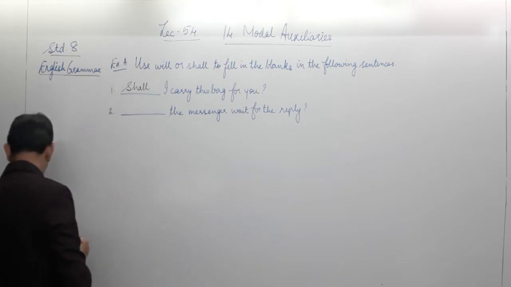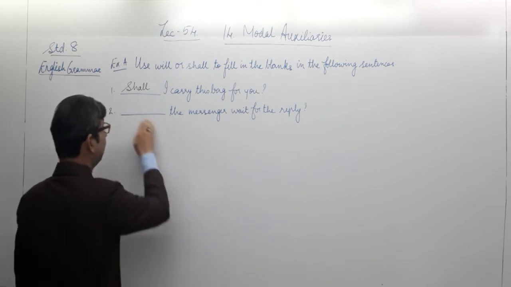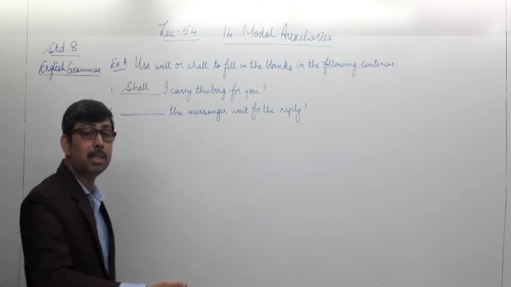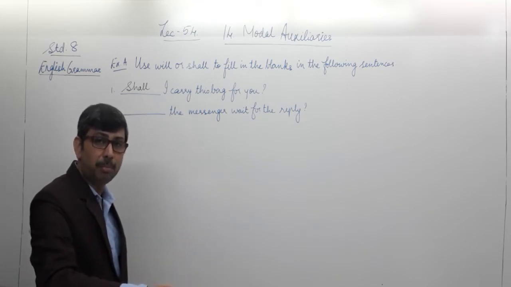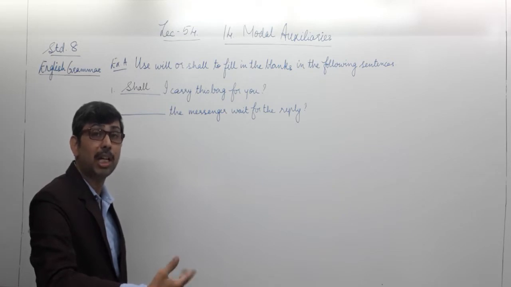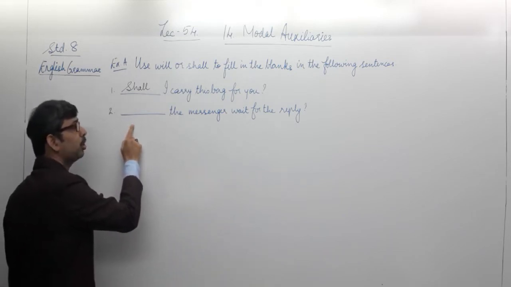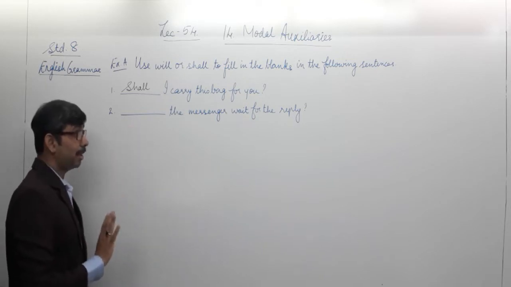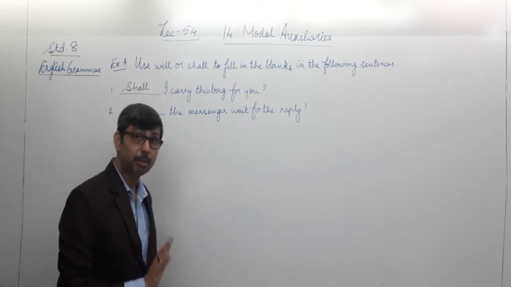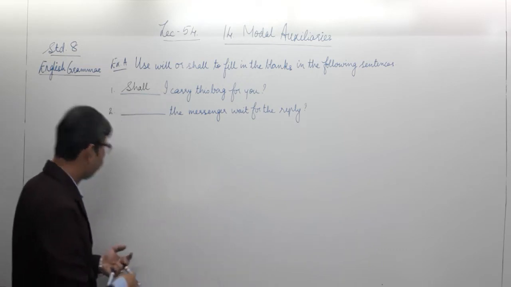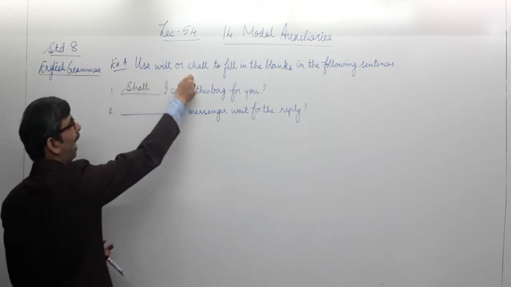It's an interrogative sentence. Dash the messenger wait for the reply. Here you are expressing a doubt. You are not asking someone, shall I do this for you? No. Instead, you are expressing a doubtful situation: is the messenger going to wait? Does he have that much time to wait for me to give my reply? Therefore, we will be using the word will and not shall.